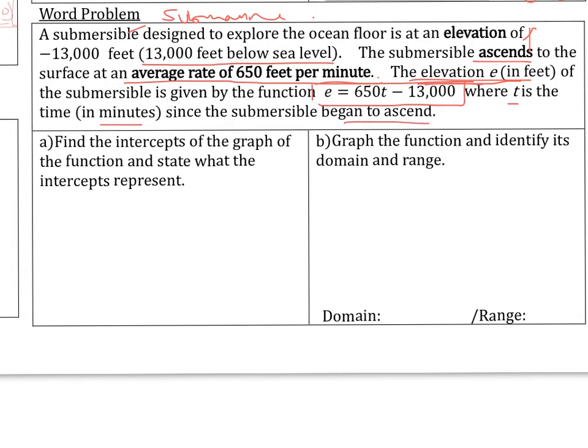So basically this submarine is going upwards. Part A. Find the intercepts of the graph of the function and state what the intercepts represent. So for the t-intercept, that's when E equals 0.